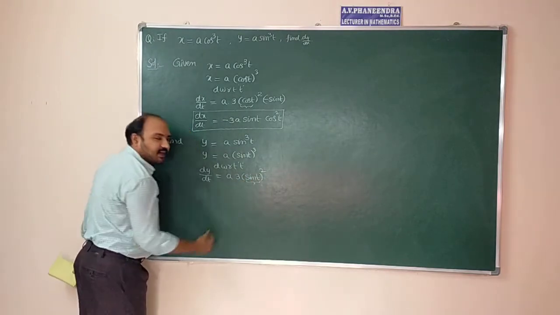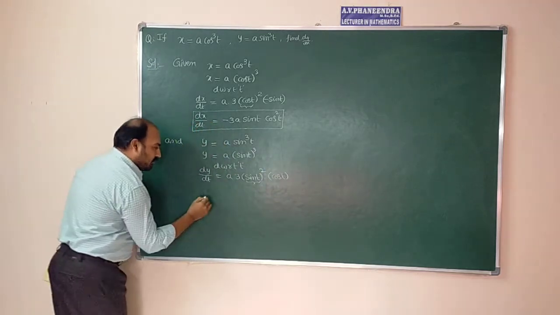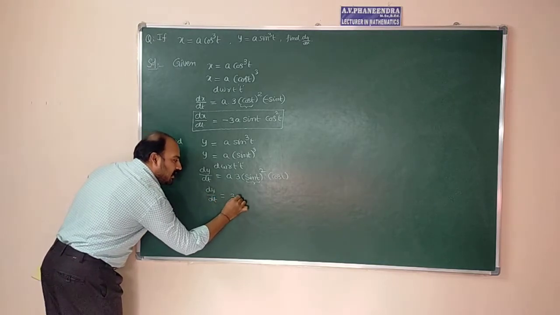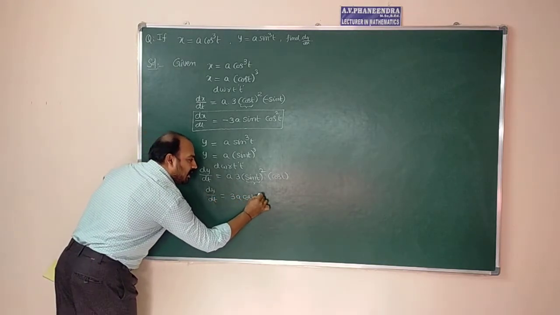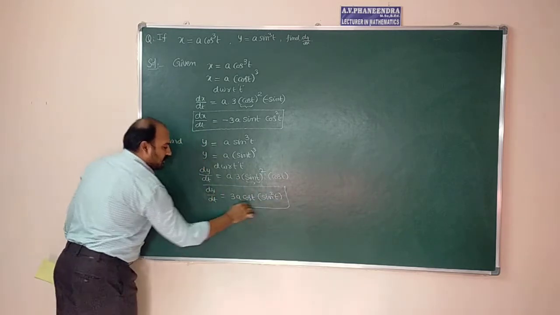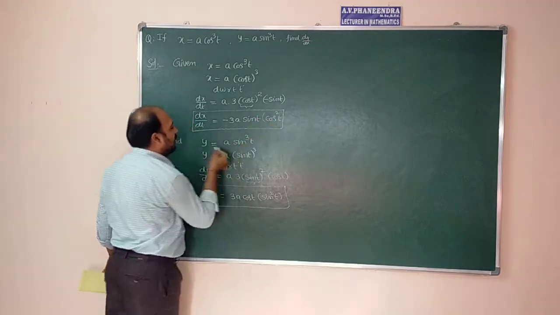Again sin t differentiate: d by dt of sin t is cos t. Therefore dy by dt is equal to 3a into cos t into sin square t. This is the value of dy by dt. This is the value of dx by dt.